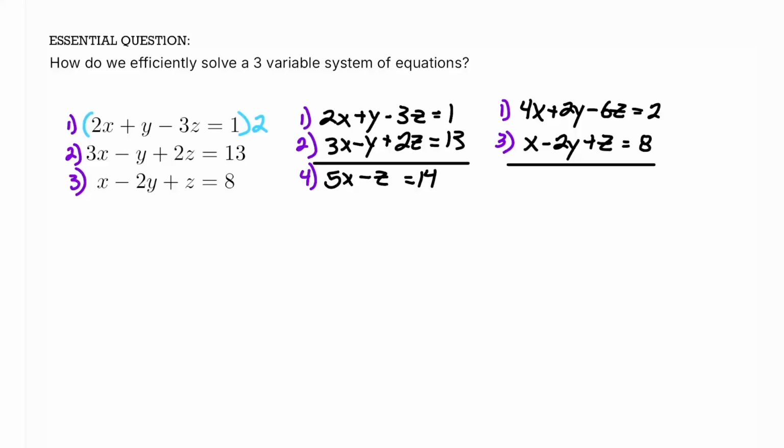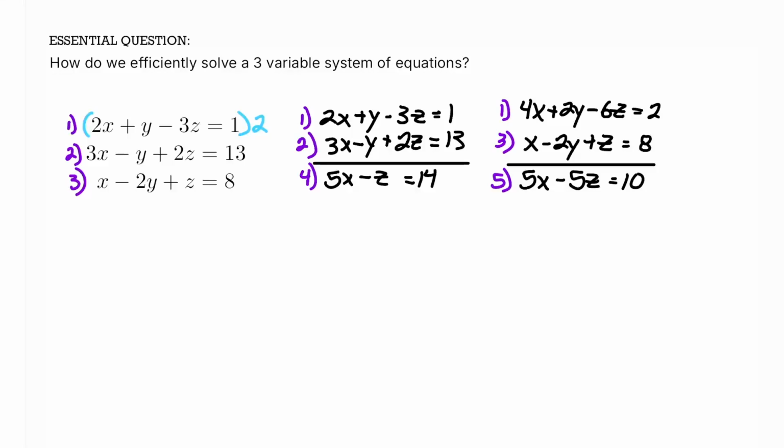So now I'm going to combine here. I have 5x minus 5z, and again the y's cancel out. We want to make sure that we cancel out the same variable, equals 10. And this will become equation 5.